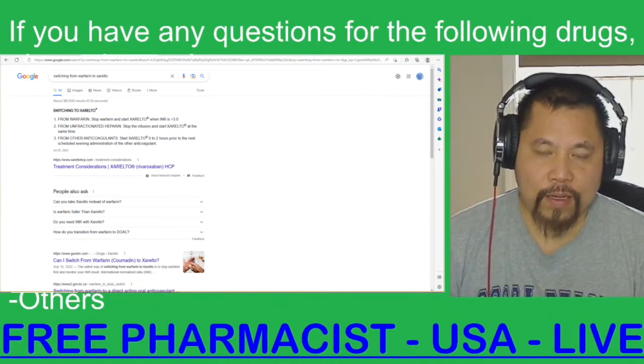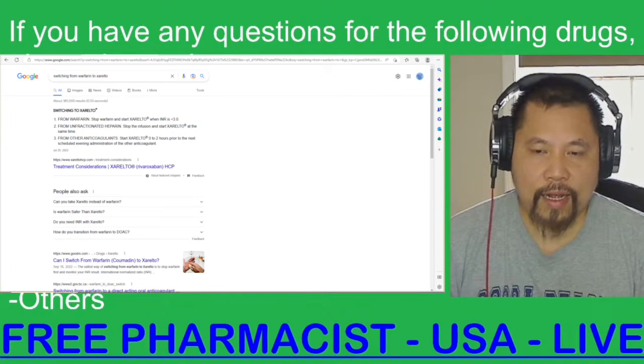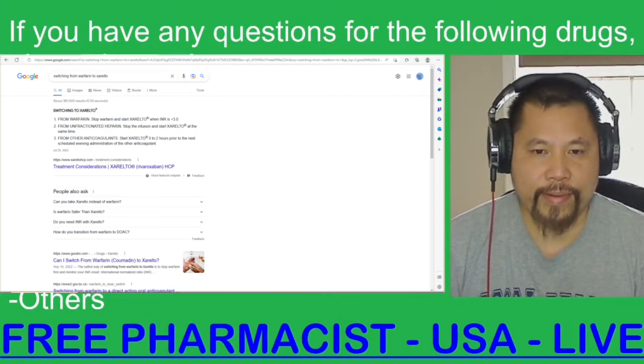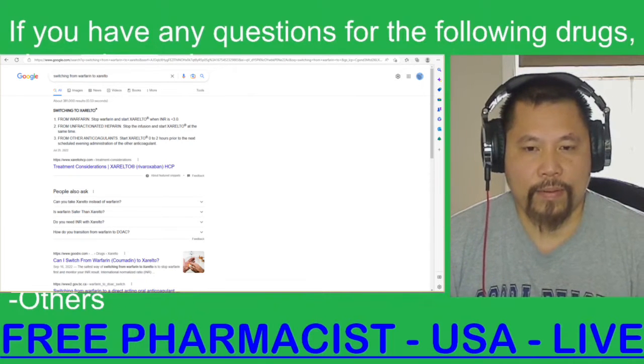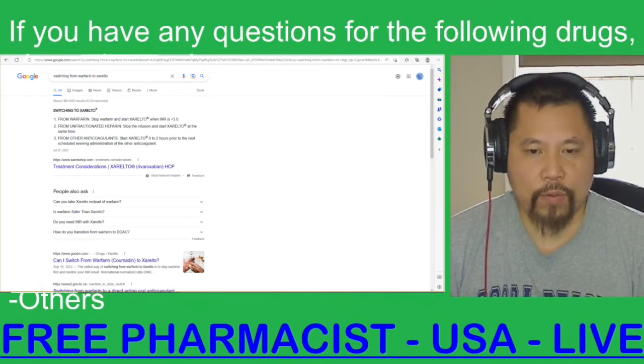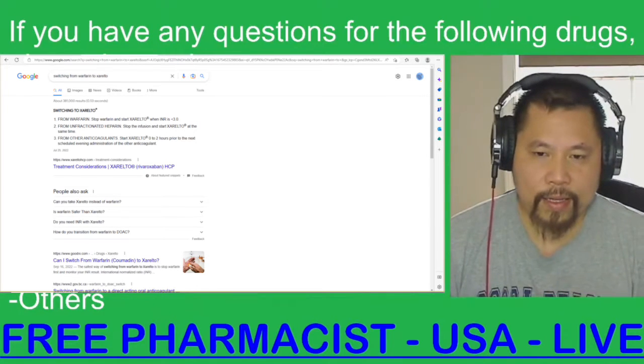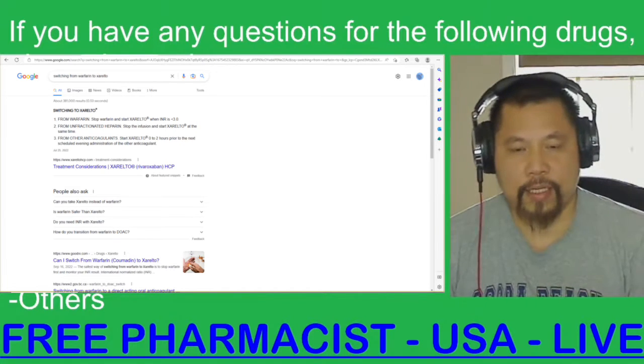So when the INR is less than 3, you stop the warfarin and start Xarelto. It takes some time for Xarelto to work in your body. So that's why they want the INR less than 3.